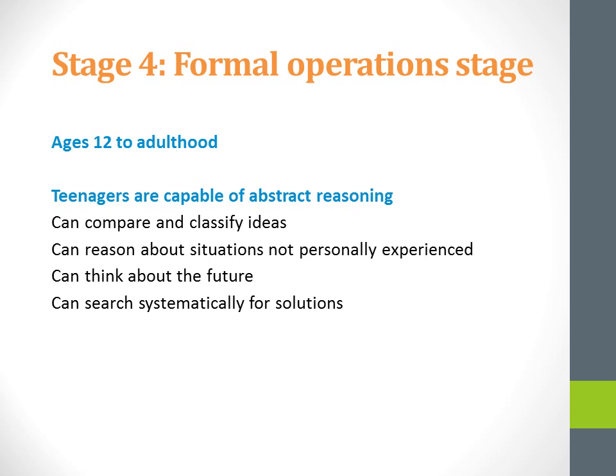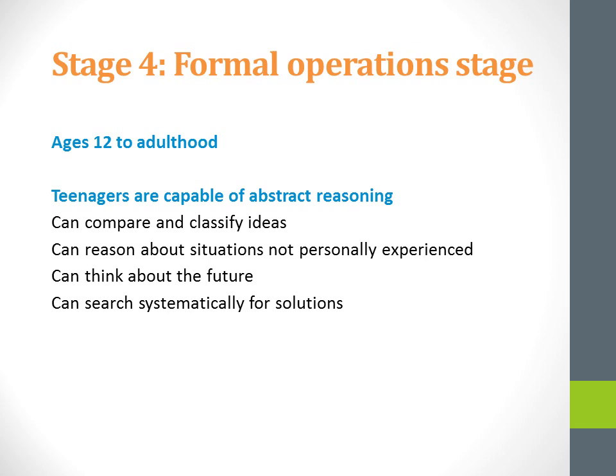So they can move beyond the concrete. Concrete reasoning is largely tied to things that are tangible, things you can see, touch, and directly experience. And young children seem to be limited to reasoning using those concrete forms.